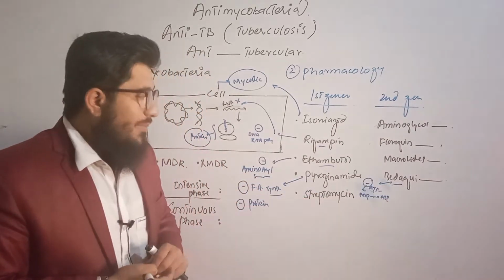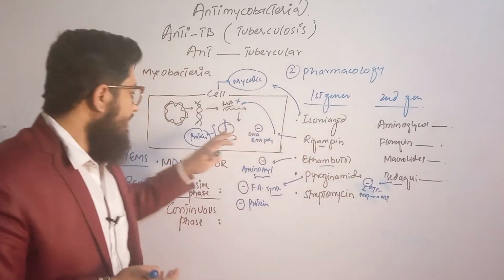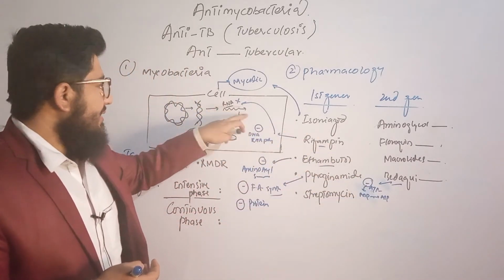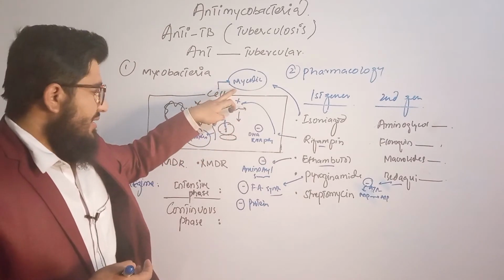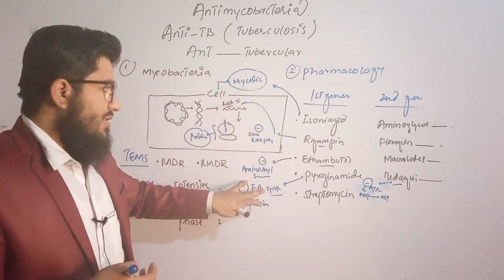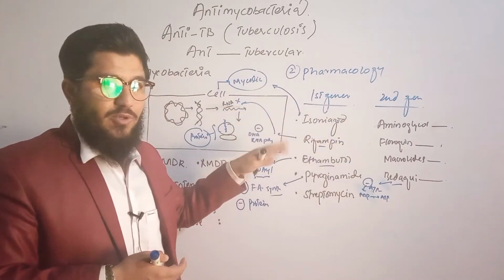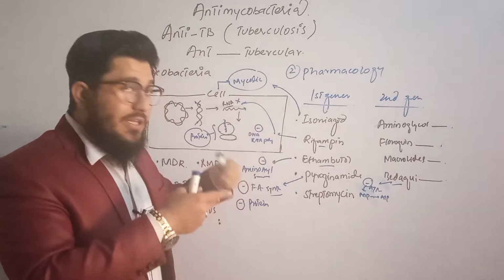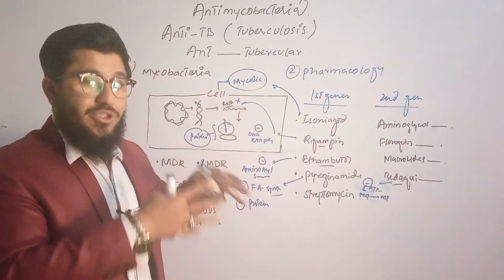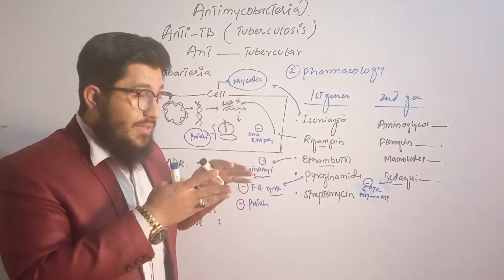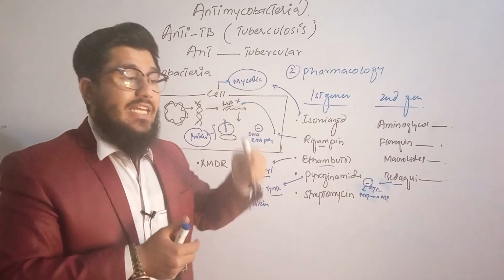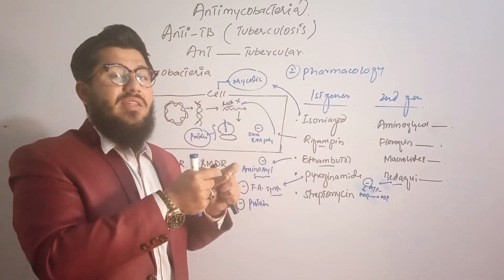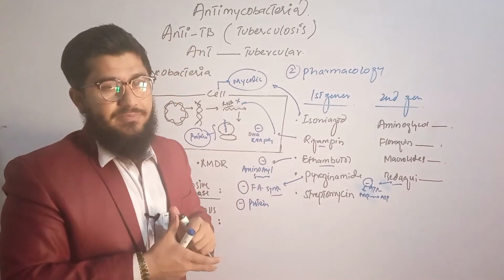So like this, we inhibited ATP synthesis, protein synthesis, DNA replication, RNA synthesis, cell wall synthesis, and fatty acid synthesis. These are all the medications that are responsible for inhibiting all these particular points. By inhibiting these portions, we are inhibiting the growth, or leading towards the death, of that particular bacteria.